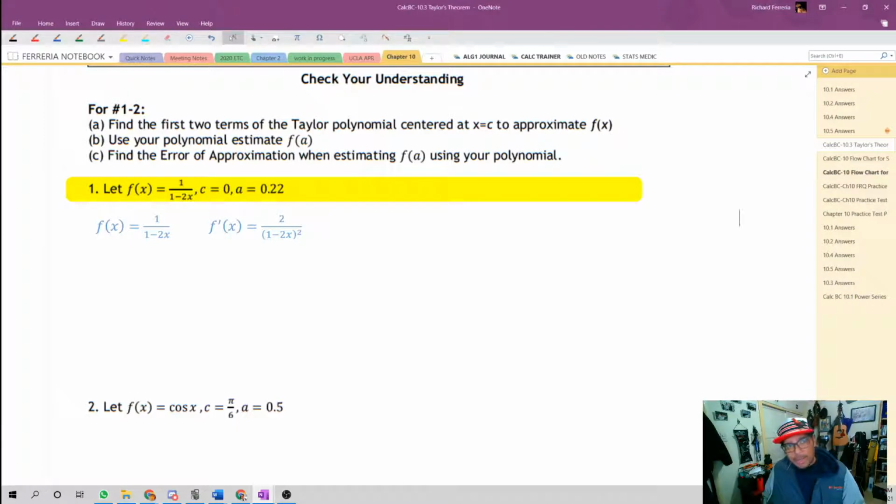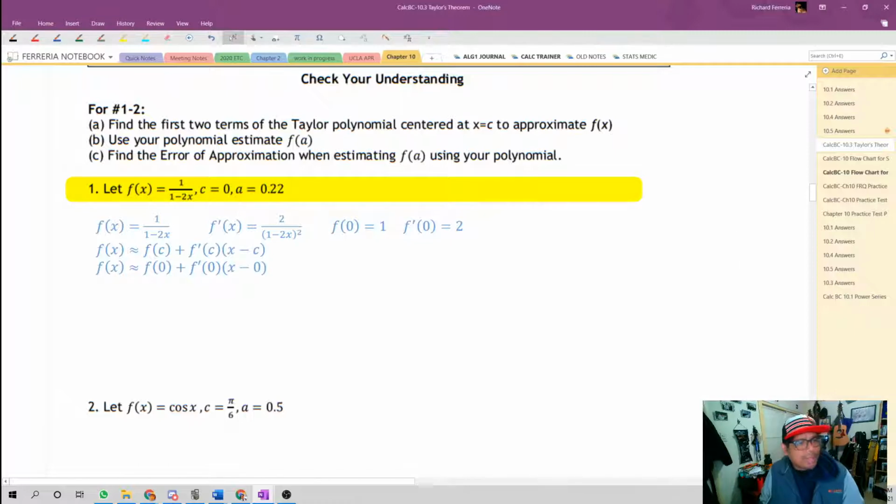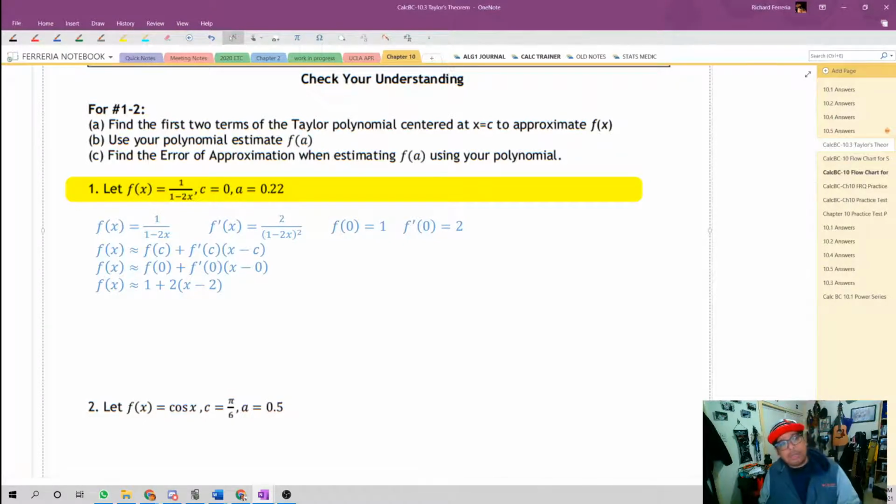We want to center at 0 because c is equal to 0. F prime of 0 is equal to 2. Next, we write the general Taylor polynomial centered at x equals c. We'll go ahead and substitute our value of c, and then we're going to substitute the value of our derivatives. Okay, f of x is approximately equal to 1 plus 2 times (x minus 0).